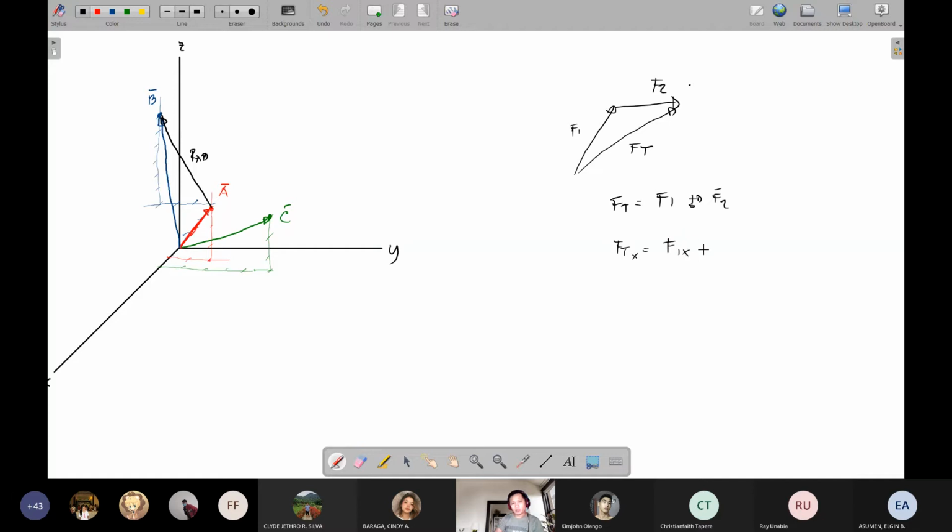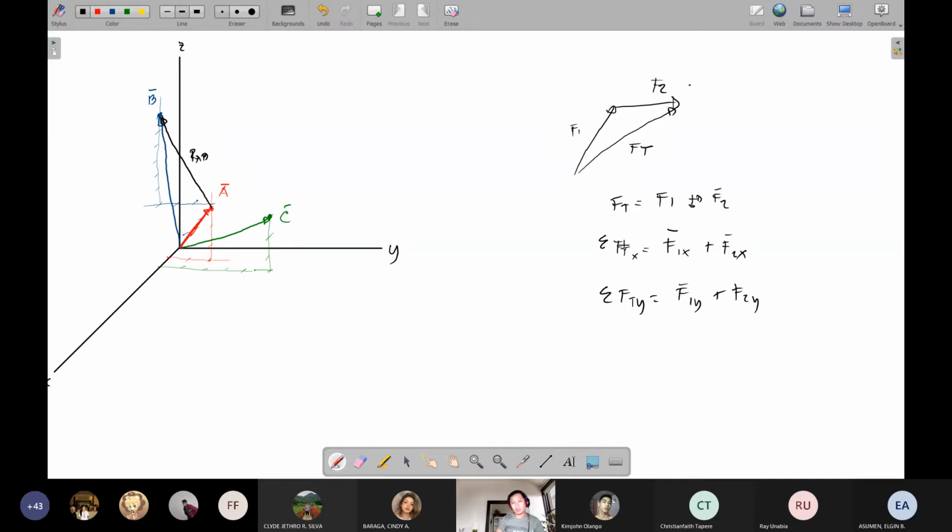So, summation of forces along x is F1x plus F2x. Then, summation of forces along y would be force 1 y-axis plus force 2 y-axis.